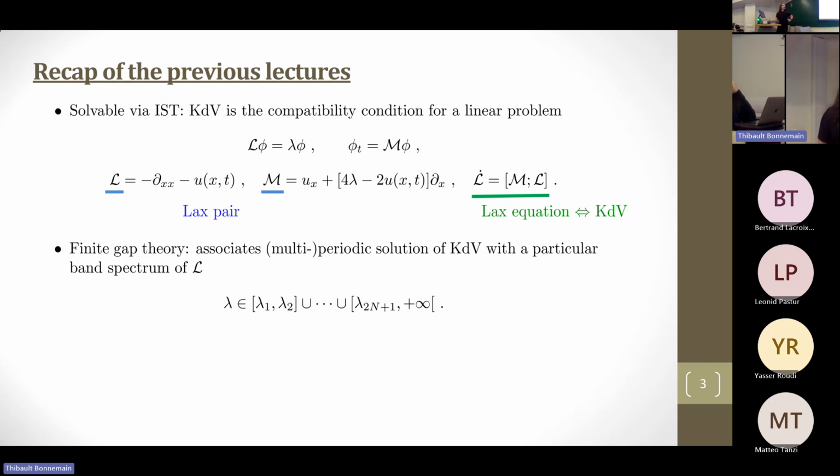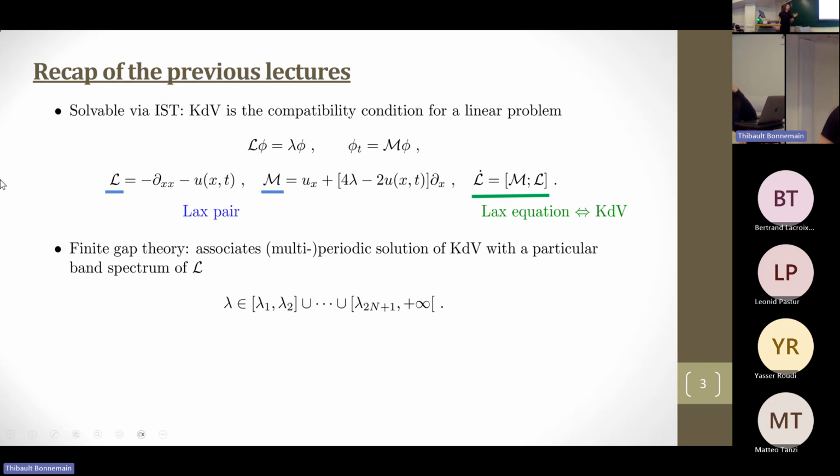But in a more general setting, we can also use this property to construct multi-periodic solutions through the framework of finite gap theory, which takes an n-phase solution of KdV and associates it with a particular n-gap spectrum of the operator.